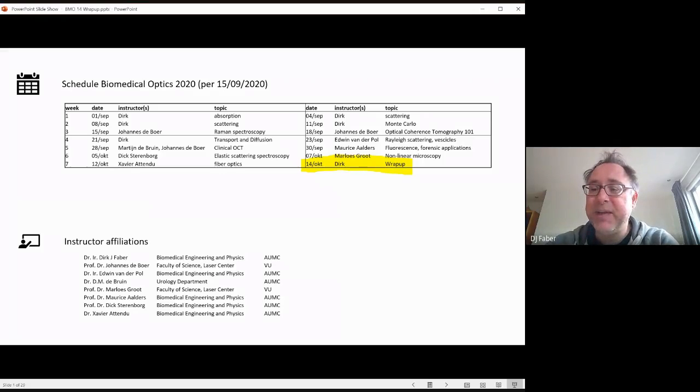What I want to do today is give a short overview of all the topics that we discussed, in order to establish what I expect you to know as we're going towards the oral exam, and then give you the rest of the afternoon to start working on the third assignment. That's the plan for today.